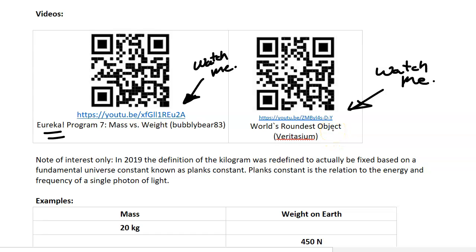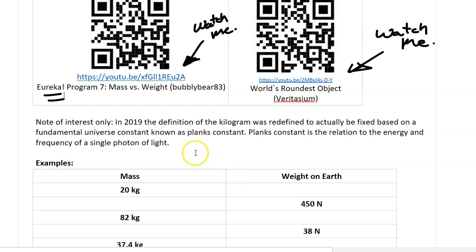I should note that in 2019, the definition of the kilogram was redefined to be fixed on the fundamental universal constant known as Planck's constant. Not what they were trying to do with the world's roundest object, but the concept is still the same in terms of what mass is. And so it's still a really good video. Planck's constant is just the relation between energy and the frequency of a single photon of light.